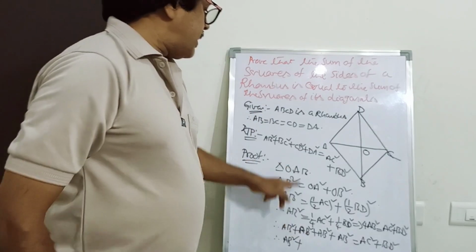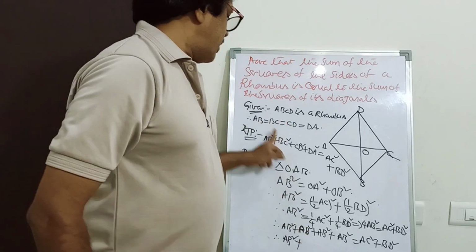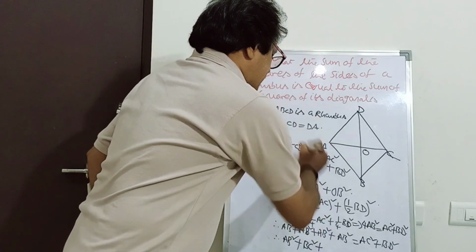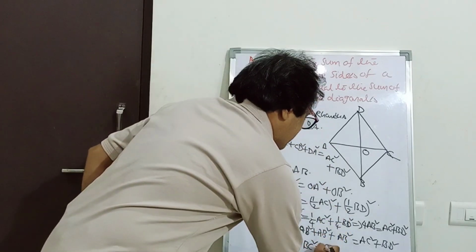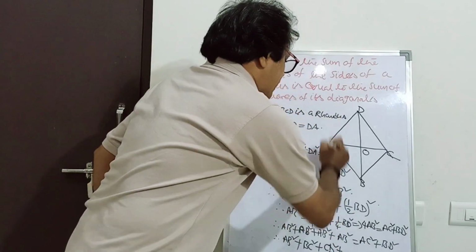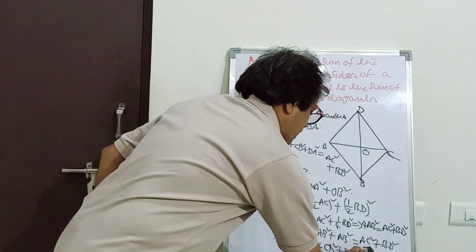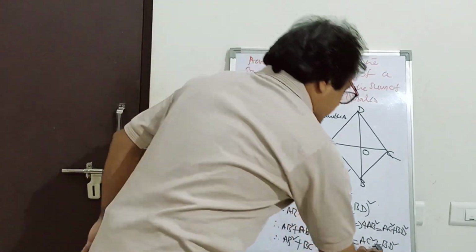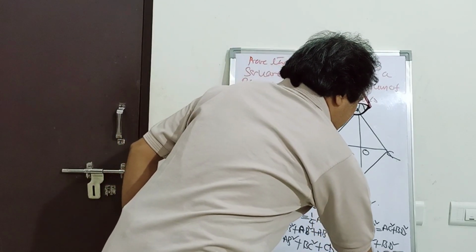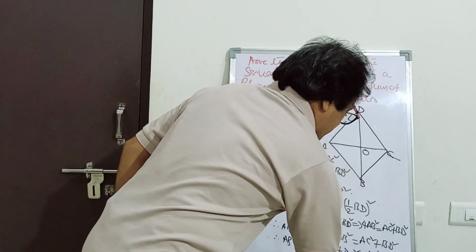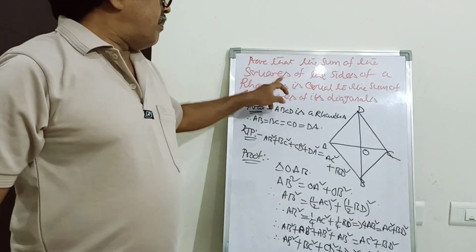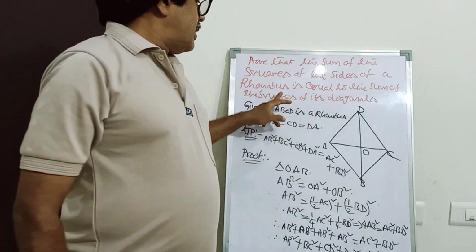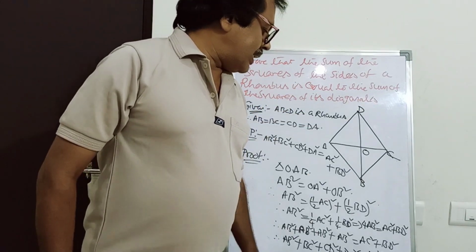So let us replace the second AB square by BC square, third AB by CD, fourth AB by DA, because all are equal. AB square plus BC square plus CD square plus DA square is equal to AC square plus BD square. Therefore, the sum of the squares of the sides of a rhombus is equal to the sum of the squares of its diagonals.